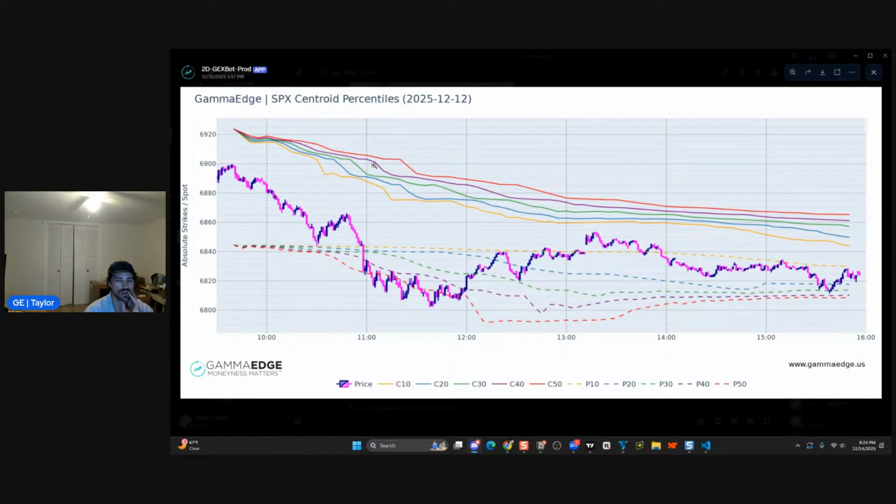Paul, if you need to give a bit more detail on this, but what this legend down here means is, C50 means 50% of the call speculation happens from this point below. And then obviously C10 is this point and below. So understanding what the trends of these are doing, and using these lines as spots to understand where price is going to go and not go is extremely helpful as well.